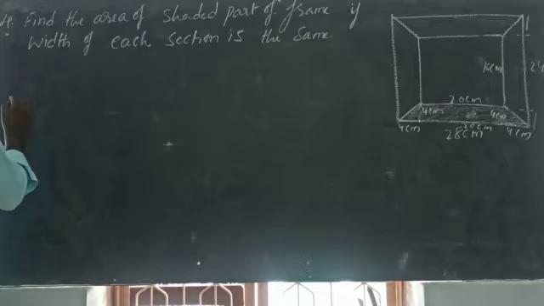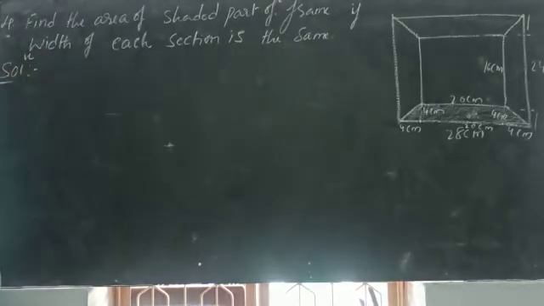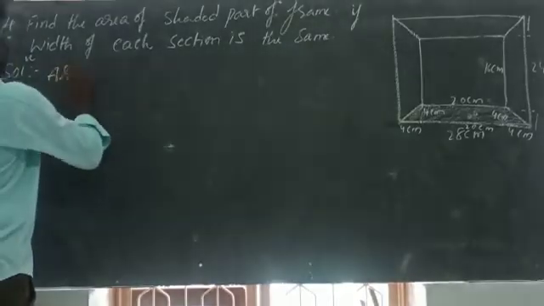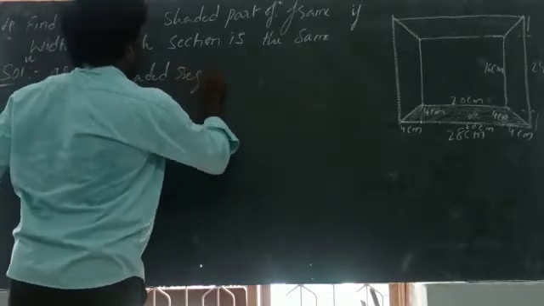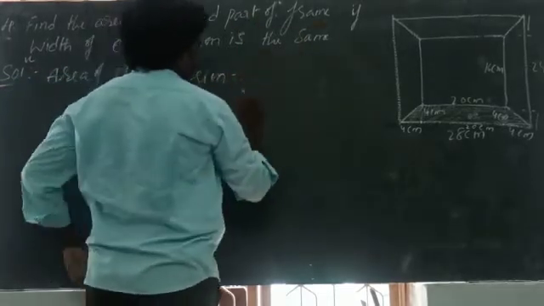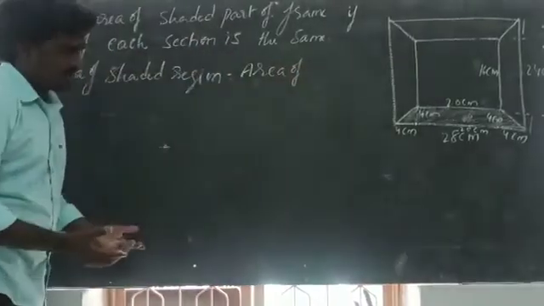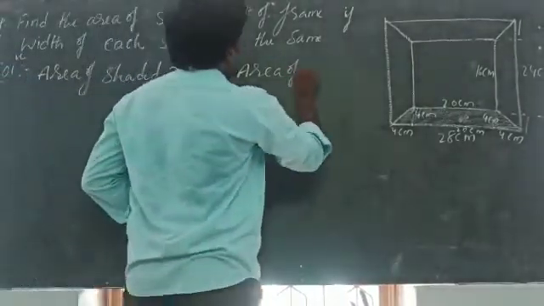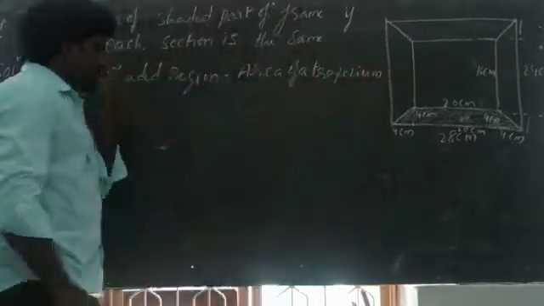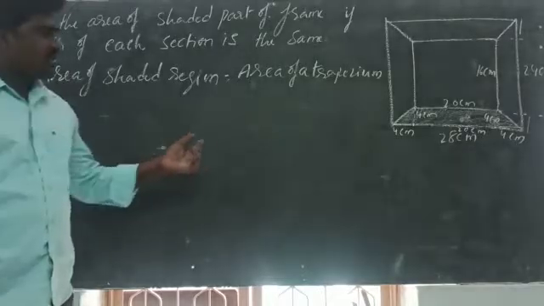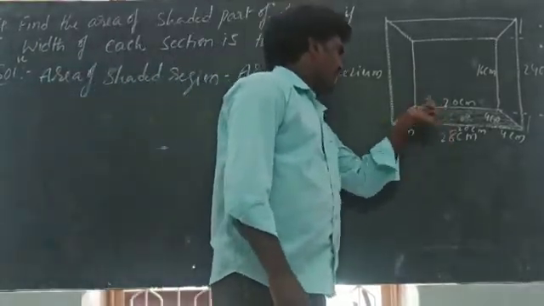The area of the shaded region is in the shape of a trapezium. So area of trapezium is equal to half into the distance between two parallel sides into sum of two parallel sides. The distance between two parallel sides is 4.